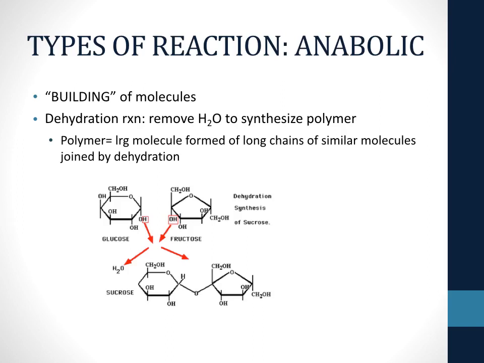What we are synthesizing is a thing known as a mer, M-E-R. If there is just one of these things, we use the prefix mono. Mono means one. So if there's just one of these things, it's a monomer.